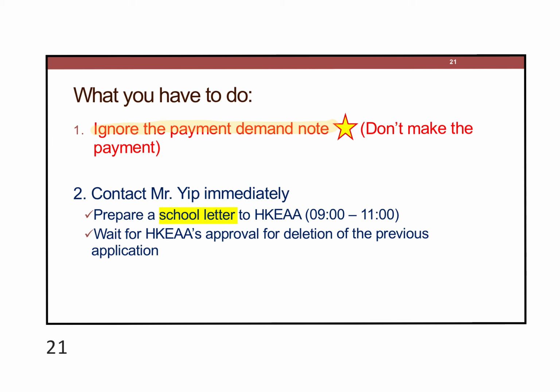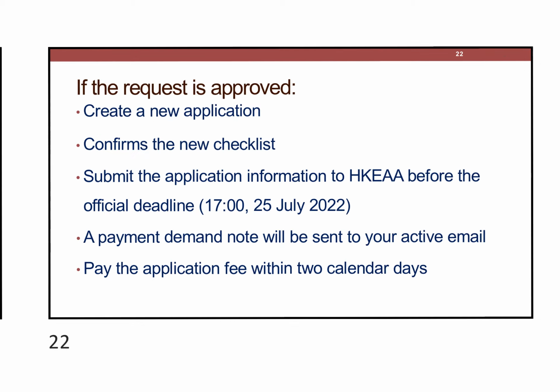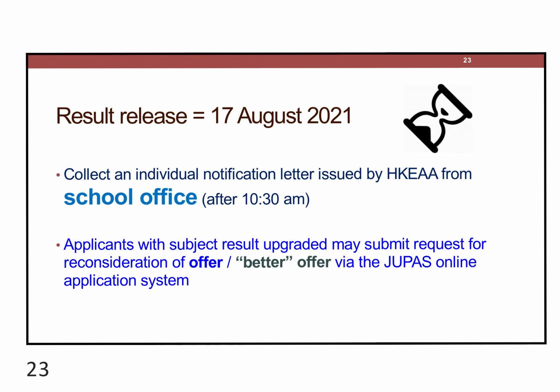If they find that the reason is not reasonable, HKEAA will reject your request. It means that you cannot amend your subject choice anymore. Or HKEAA approves your request. Then we can create a new application and submit it before the official deadline on the same day, which is 5 p.m. on 25th July. Wait patiently until 17th of August.